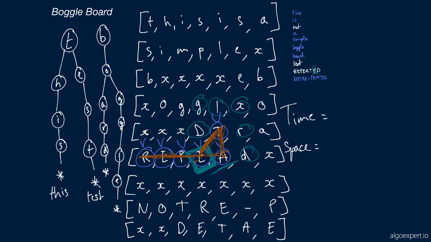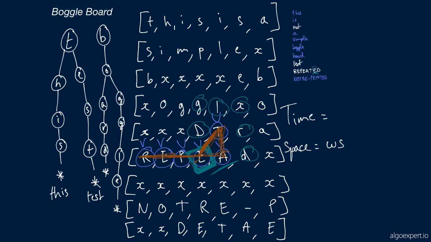Well, we're building a tree, and the tree is going to contain all of the words in our list of words, and all of those words have, at most, S characters, where S is the length of the longest word. So we know that we have at least WS, where W is the number of words that we're given, and S is the length of the largest one. We have at least WS auxiliary space for that tree.